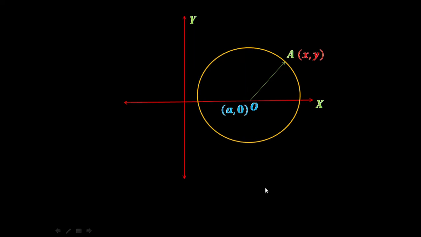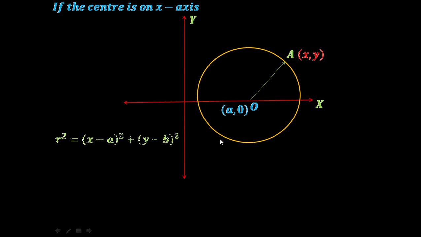Similarly, if the center is lying on the x-axis, then our coordinates will become (a, 0) because it is on the x-axis, so the y-ordinate will become 0. So in this equation of the circle, if we put a as a and in place of b we put 0, then our equation will look like this. Now after expanding, we can get x square minus 2ax plus a square plus y square.